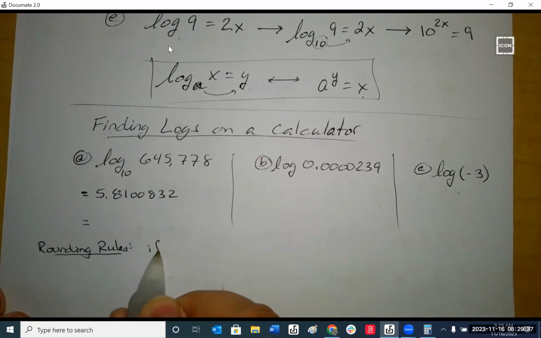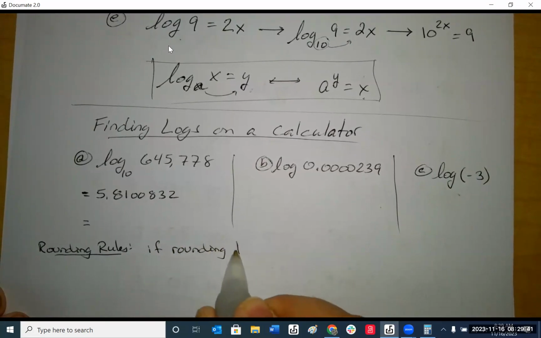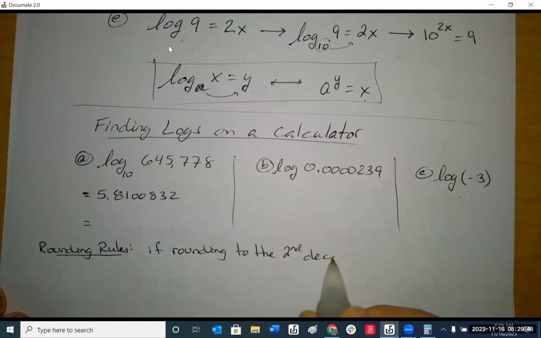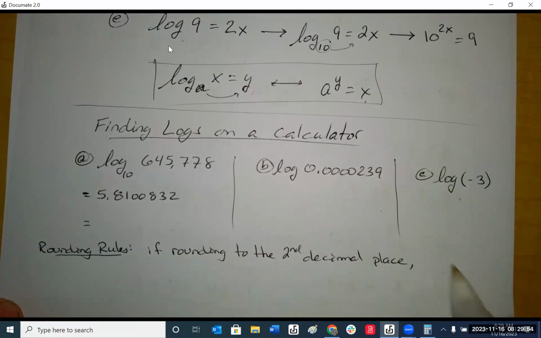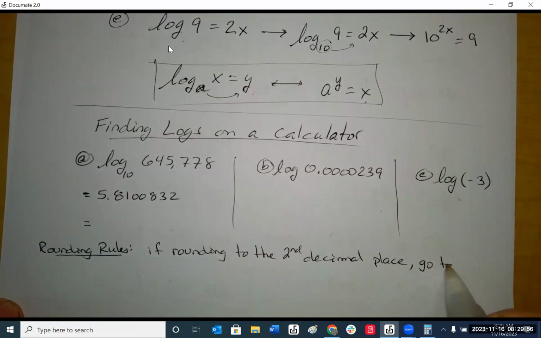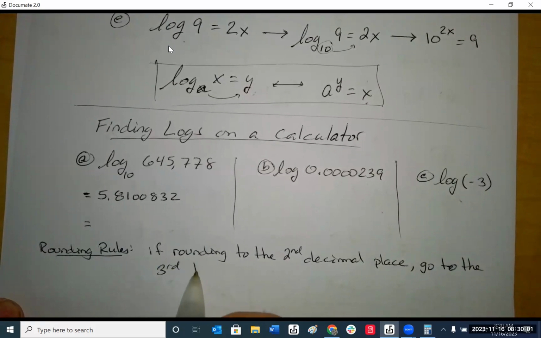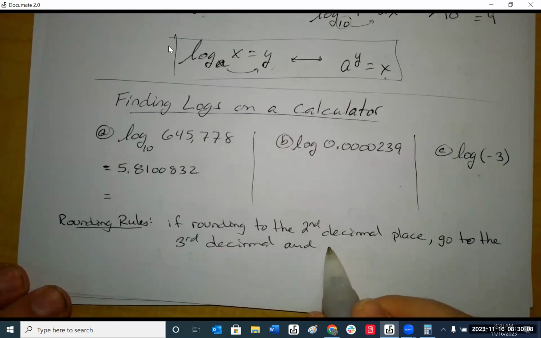So if rounding to the second decimal place, go to the third decimal, and do the following.